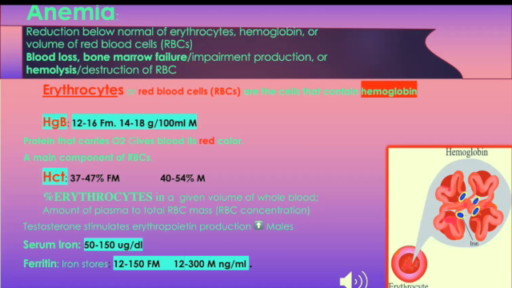The hematocrit is the percent of erythrocytes in a given volume of whole blood, the amount of plasma to total RBC mass, which you can consider the RBC concentration.